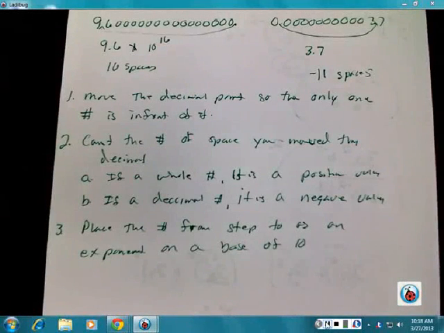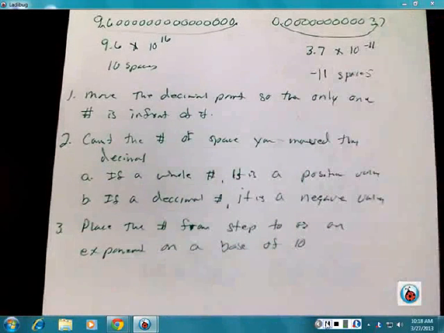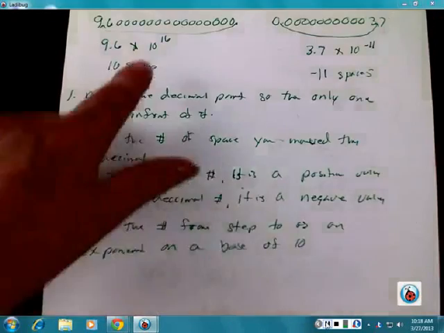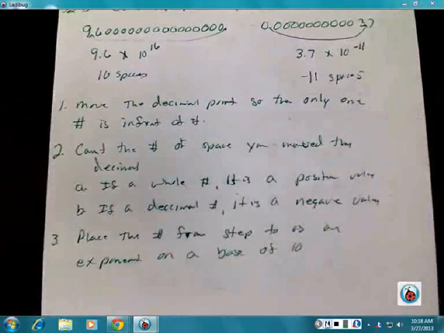And my decimal one is 3.7 times 10 to the negative 11th power. These exponents tell me whether I have a whole number if it's positive, or a decimal number if it's negative. That's what tells me the difference between them.